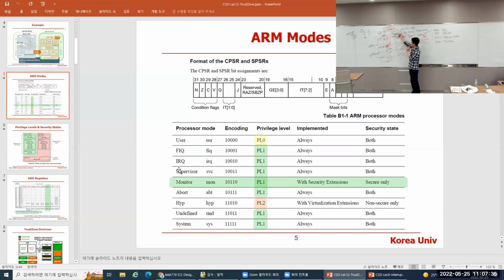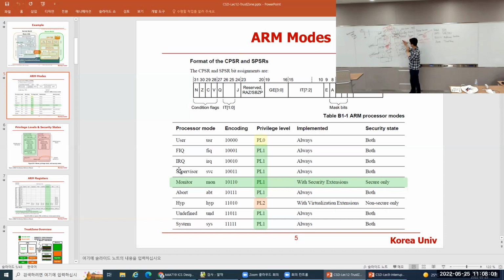By reading the SCR register, we know the call came from normal world. So the push operation should be done to the normal world state, and the pop operation from the secure world state.